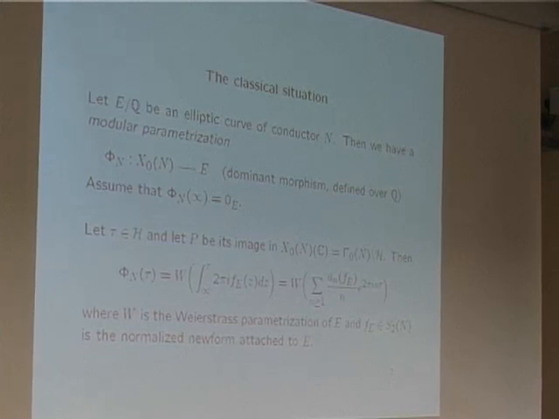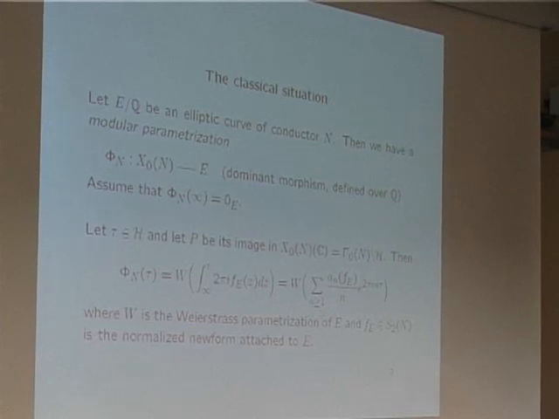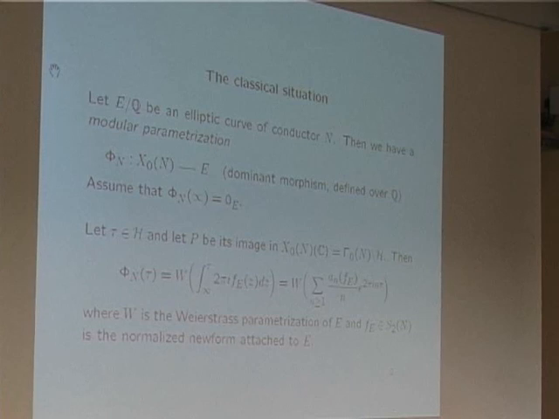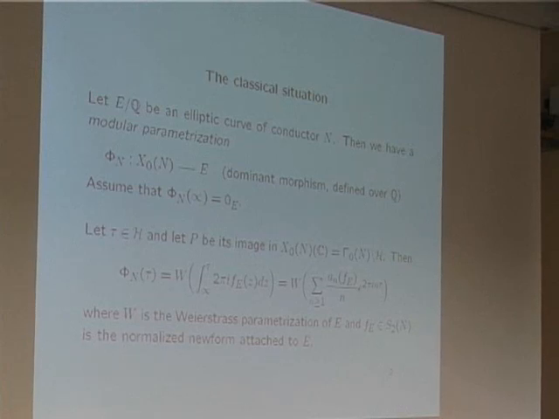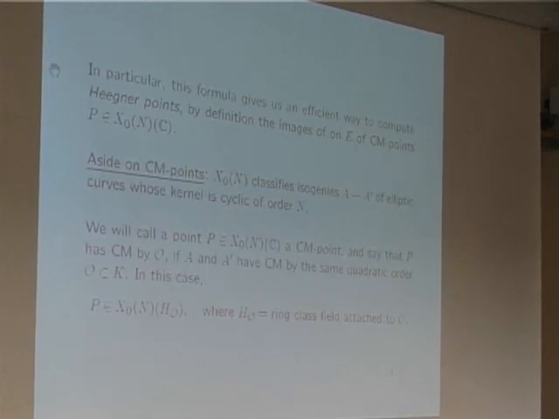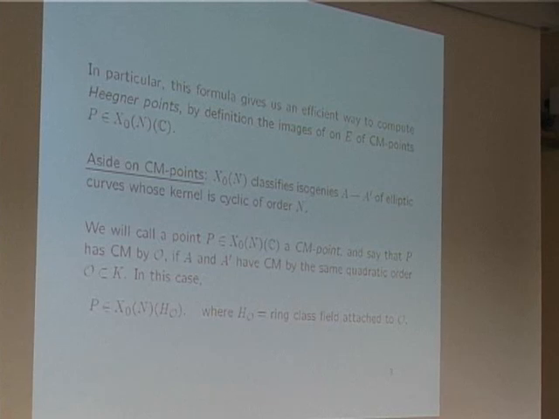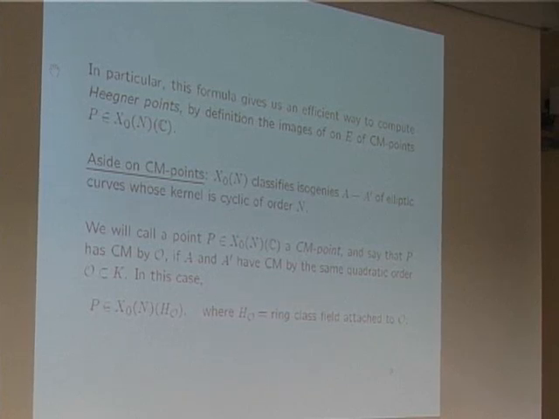So you have a very nice formula for this, and you can even compute it by computing enough Fourier coefficients of the modular form f_E, which you can do by counting points on the elliptic curve E and then using the Euler product to fill in the non-prime values. All right, so in particular, this gives us, at least for the classical case, an efficient way to compute Heegner points, which are by definition the images on E of CM points P in X_0(N)(C).